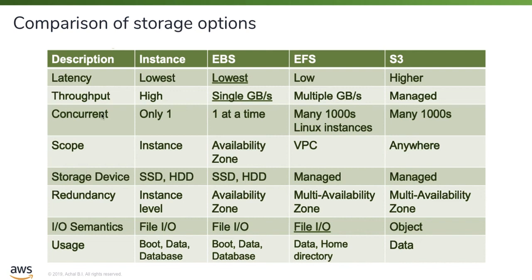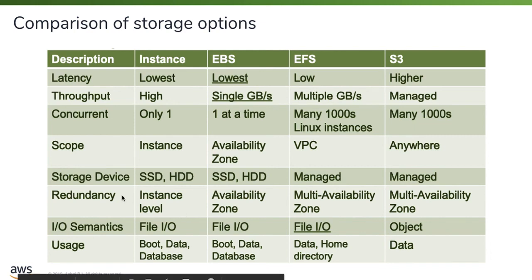The scope of the instance store is one instance only, so it depends on the host. The scope of EBS is the availability zone, and EFS is the whole VPC itself. It can't go beyond a single VPC. And S3 is internet based, hence it can be accessed from anywhere.